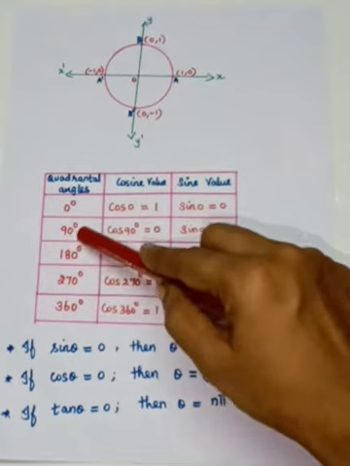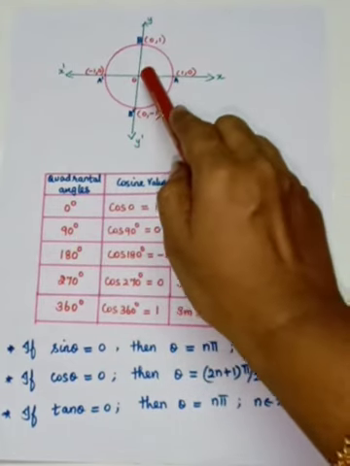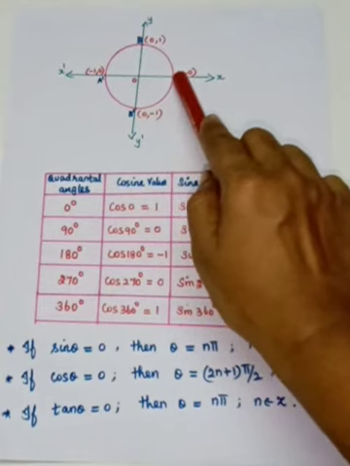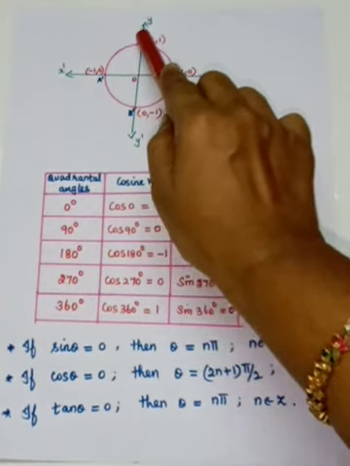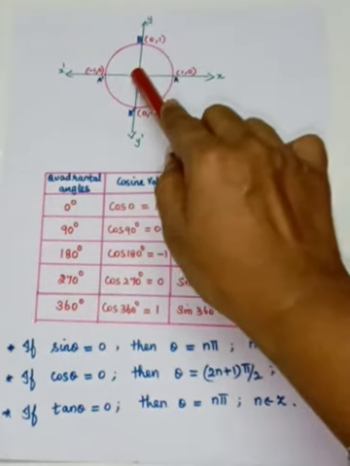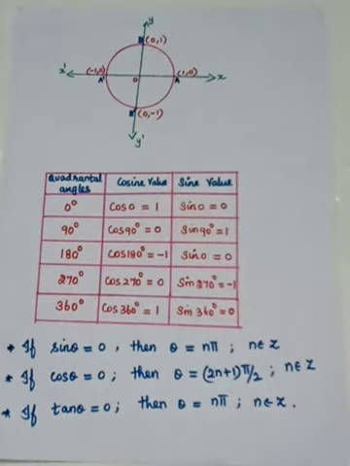Next, I have considered 90 degree. You see that the initial side is OA, and what will be the terminal side of 90 degree? That is OB. OA, the initial side, is along the x-axis, and OB is on the positive side of the y-axis. The initial side is on the x-axis and the terminal ray is on the y-axis, so 90 degree is also a quadrantal angle.